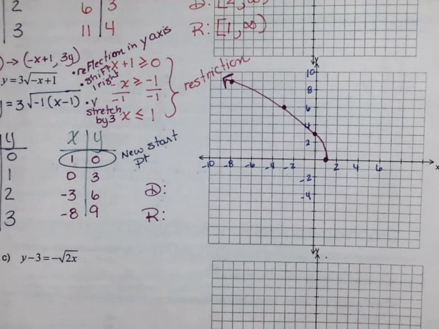Do you guys need a second to get that graphed? Are we good to do domain and range now?